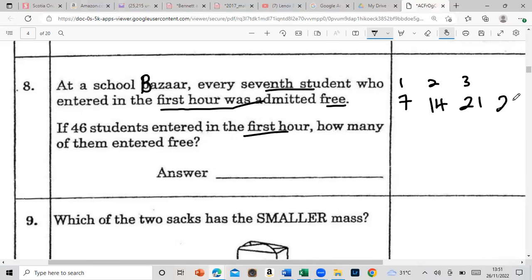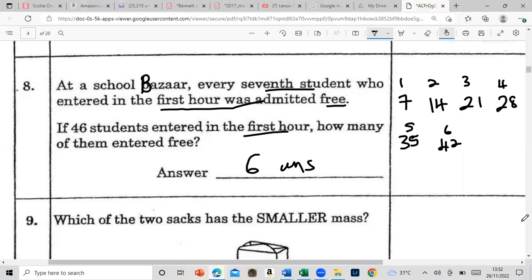Each time we just add 7, right? So the 6th person not gonna get it, but the 7th. And then we add to 46. One more is gonna get it, so that's 6 persons. And the next person that comes at position 49, they will get it. Remember, the first 6 pay, then the 7th is free, so that's 6. Our answer would be 6.